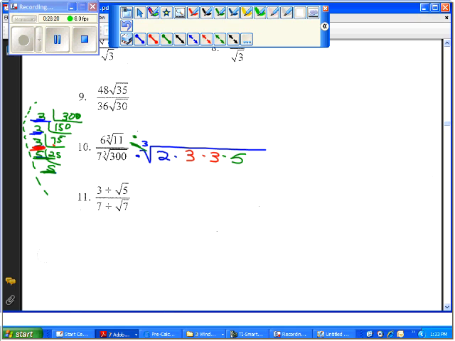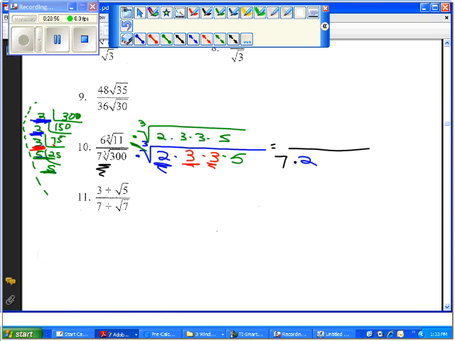And whatever you do to the denominator to rationalize it, you must also do to the numerator so that the result is an equivalent fraction to what you started with. Now, on the bottom, we already had that 7 out there. I'm going to use my colors. We've got 1, 2, 3 2's, so out pops a 2.